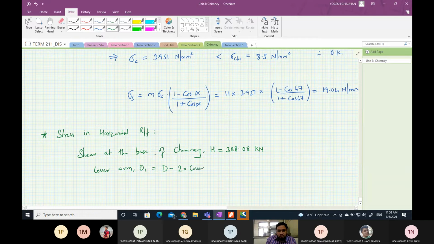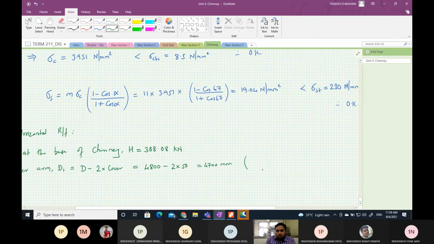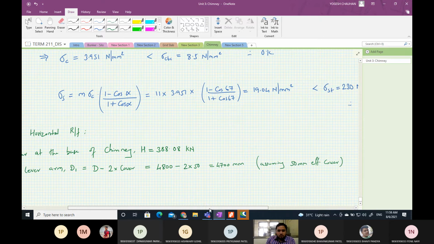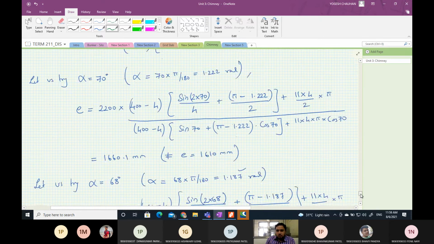So at the base, as we are finding the shear at the base, we find the lever arm distance of the section at the base. So at the base, external diameter is 4800 minus, let us assume 50 mm cover, so minus 2 into 50, so that will be 4700 mm. Assuming 50 mm effective cover.